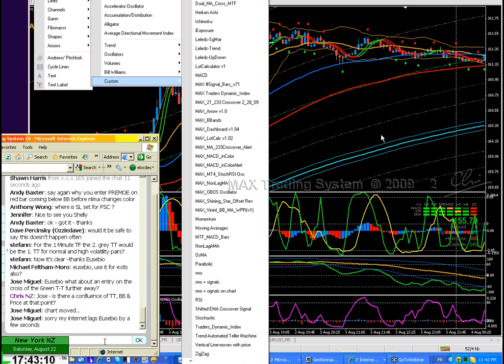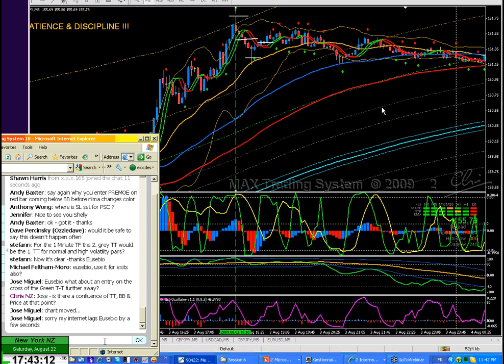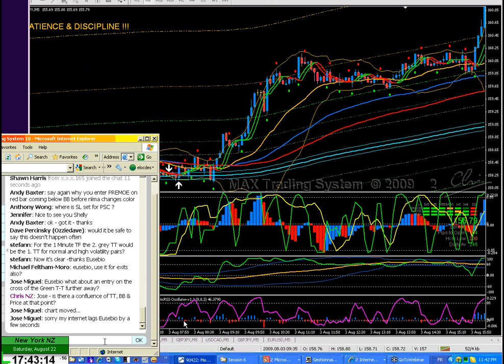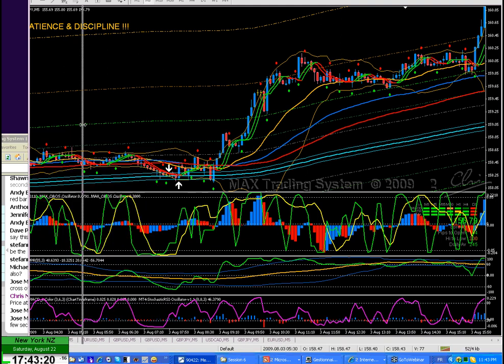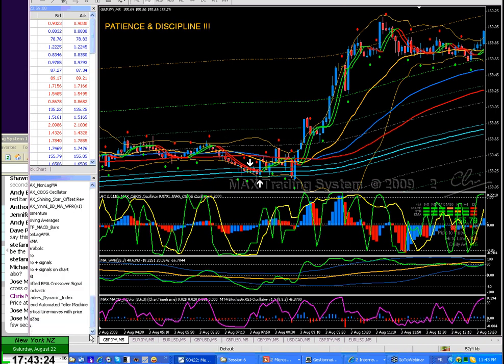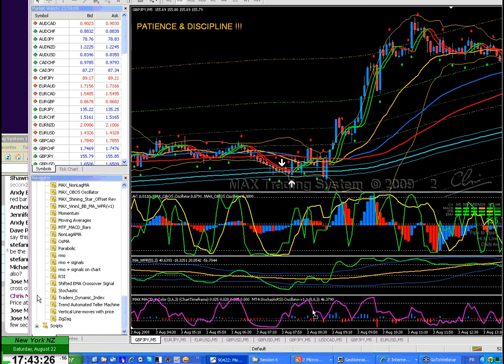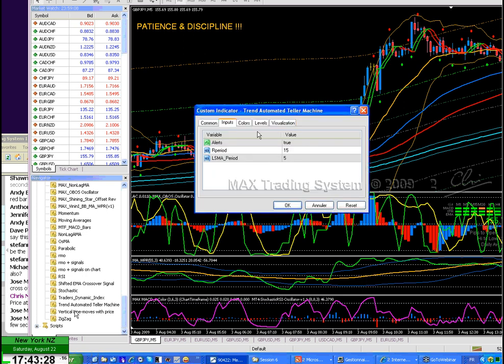Here, no, I will not introduce it that way. I would like to set this indicator in the zone of the Stochastic. So I will just enlarge my screen a moment, and I will drag and drop the indicator in the right zone here. You do not change the parameters. Eventually, you have a sound alert when the indicator changes color.